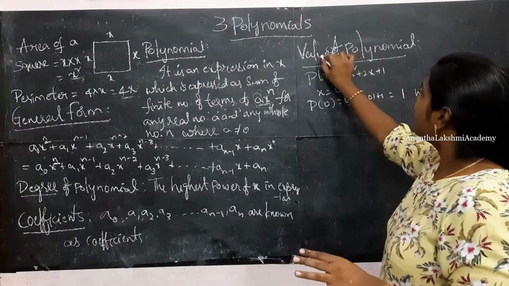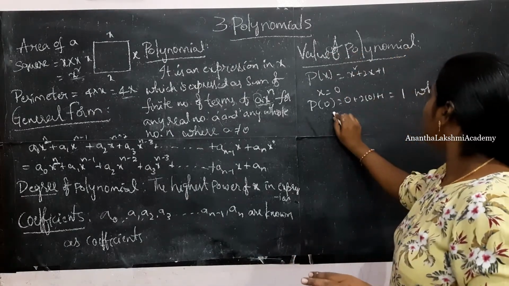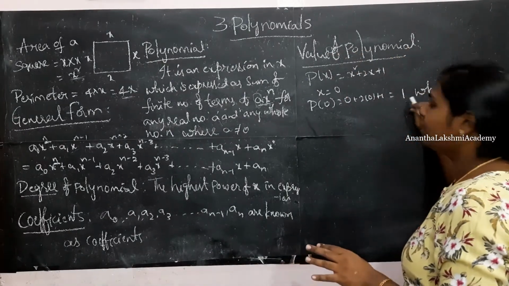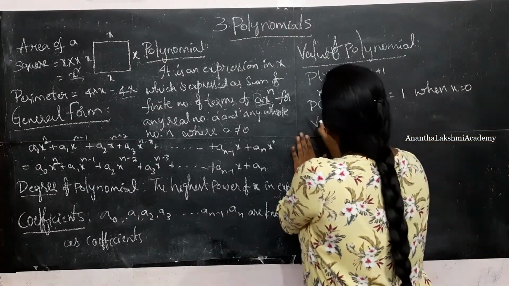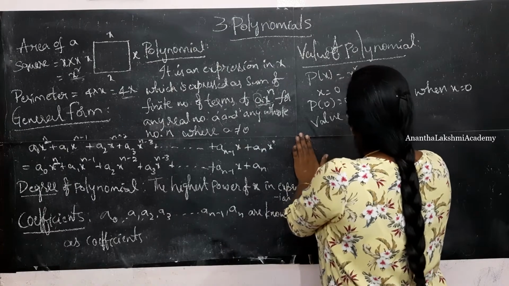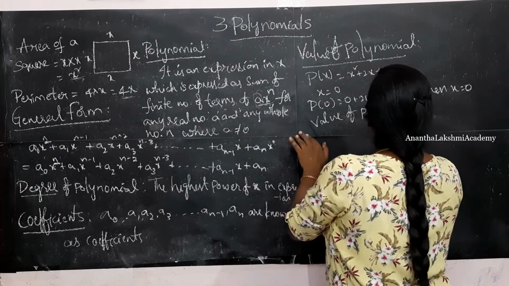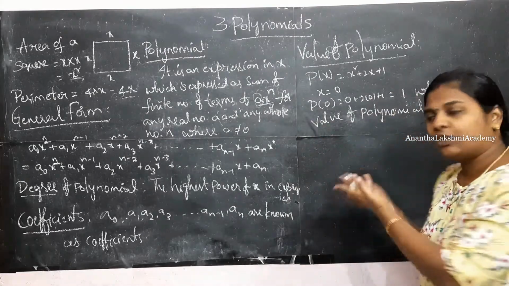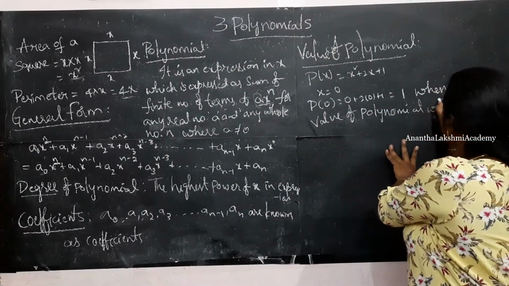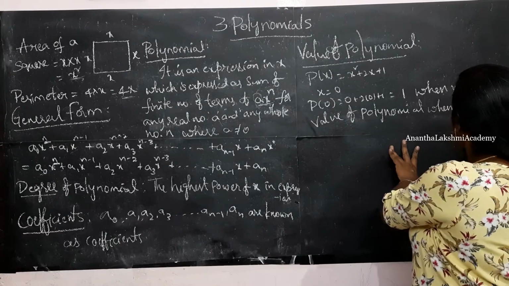So, the value of polynomial p of x is equal to 1 when x is equal to 0. So, this is nothing but the value of a polynomial. P of 0 is nothing but the value of a polynomial when x is equal to 0.